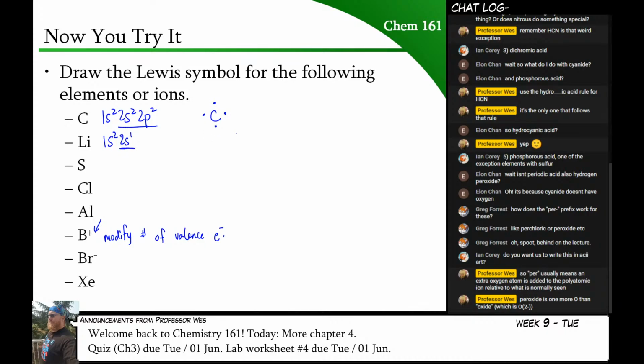For lithium, there's only 1 valence electron, so we draw 1 valence electron, and there it is. Be careful with lithium especially, that you don't accidentally interpret that as a dot. So most people just make a really big dot for lithium when you have to draw its Lewis structure.